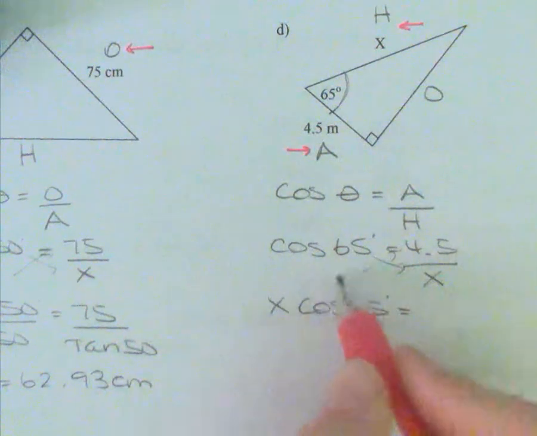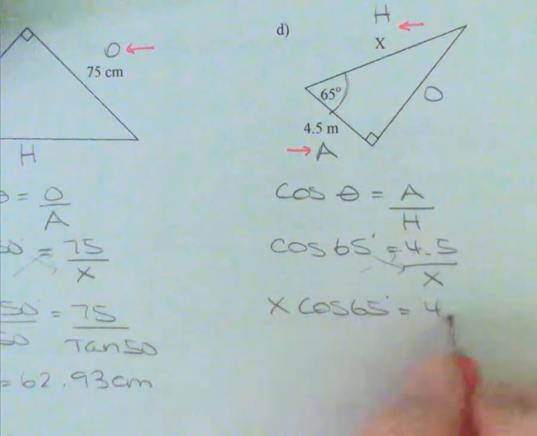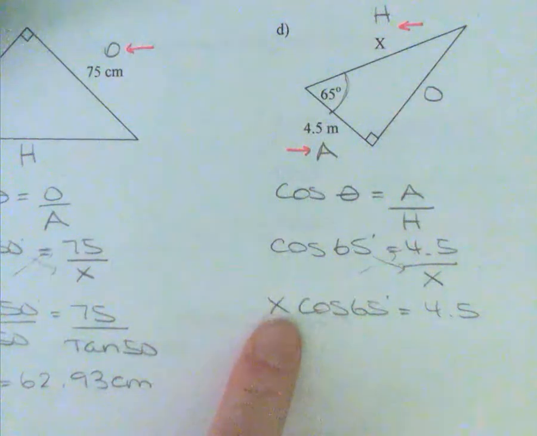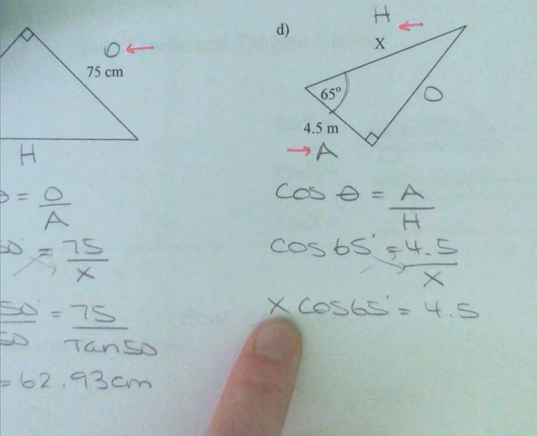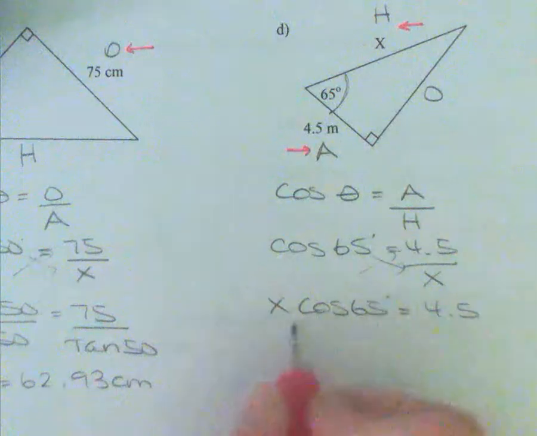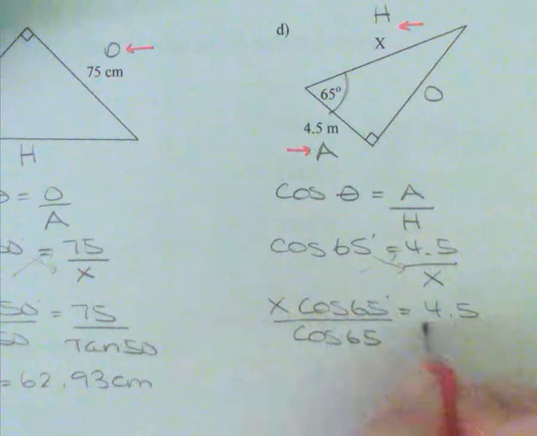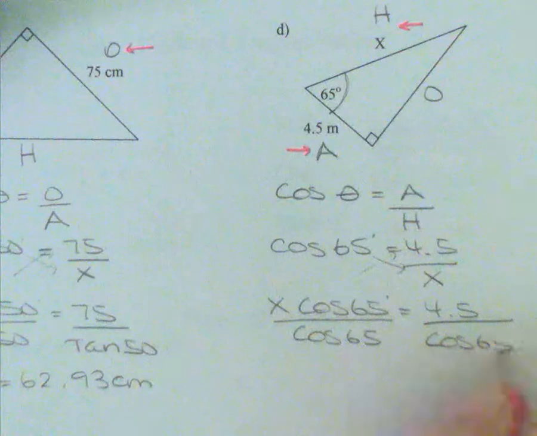And there's a 1 here that's going to multiply by 4.5. X is not by itself like it was the day before, so I need to get rid of cos 65. So I'm going to divide both sides by cos 65.